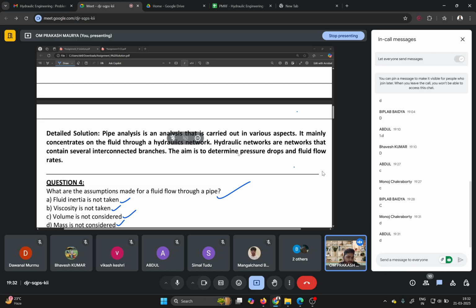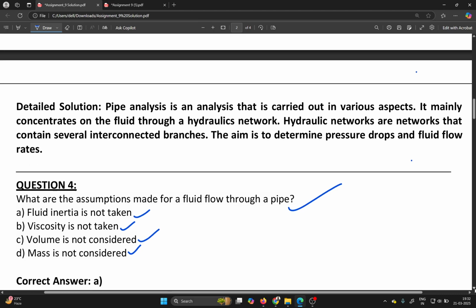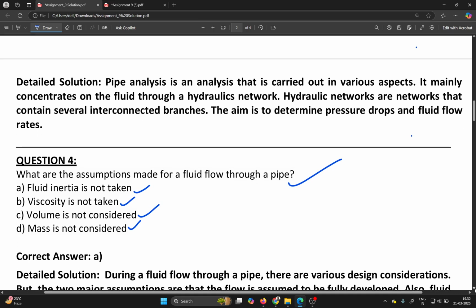So here the four options are given for the assumption. So option A. Here the assumption is that fluid inertia is not taken.